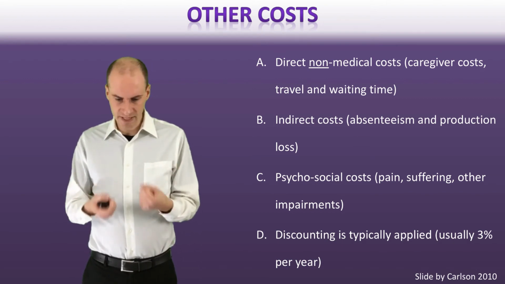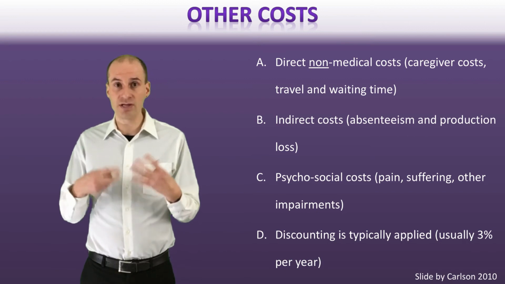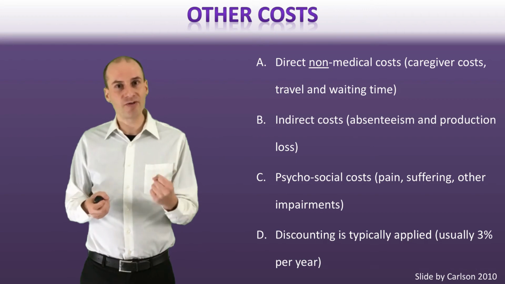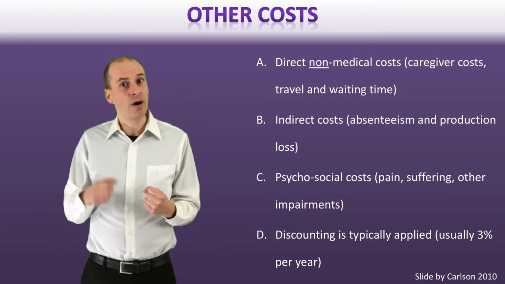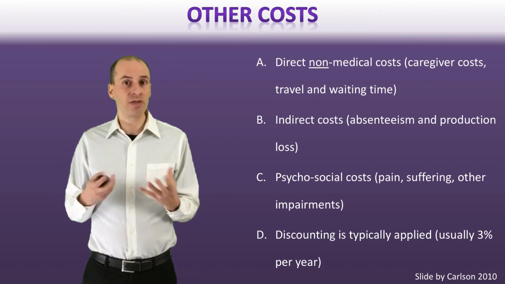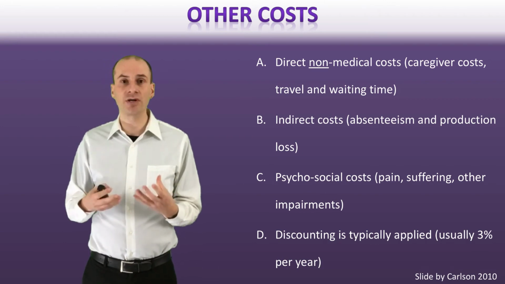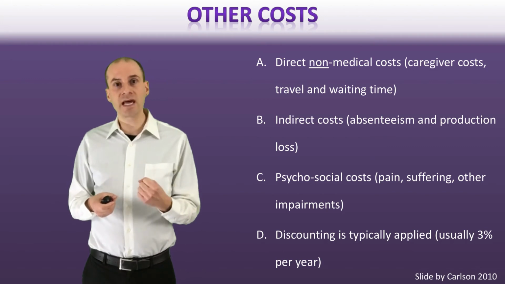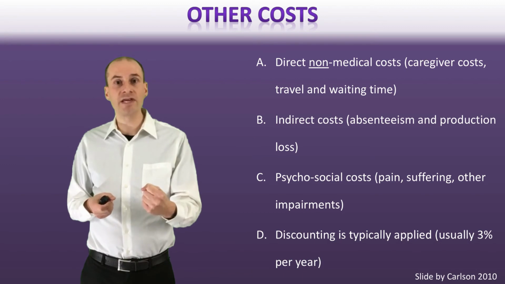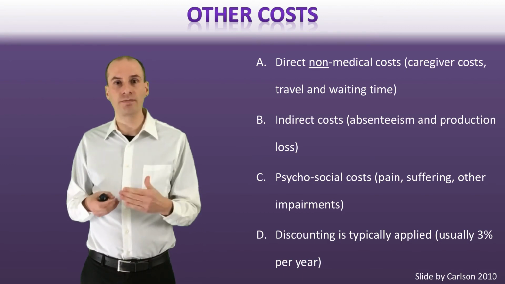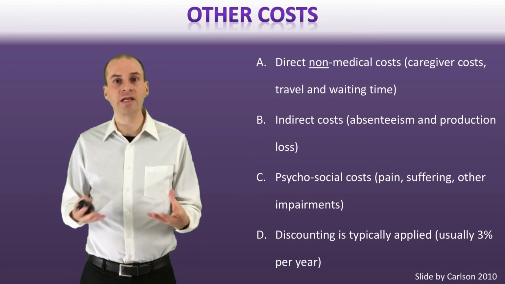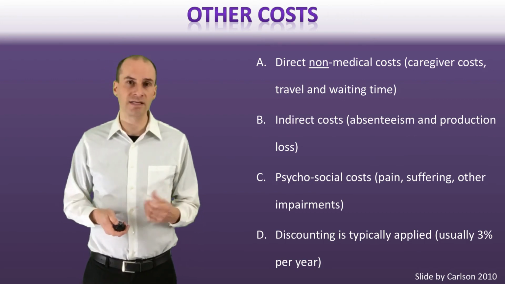But if you look at a population and study people's attitudes, people value the benefit they can get now more than the benefit they will get later on. So what they do in these economic analyses is apply something called discounting. Essentially they discount the value of an outcome, a benefit, by 3% every year in the future. This is a commonly used strategy in economic analyses.